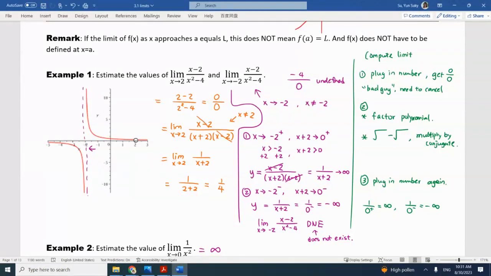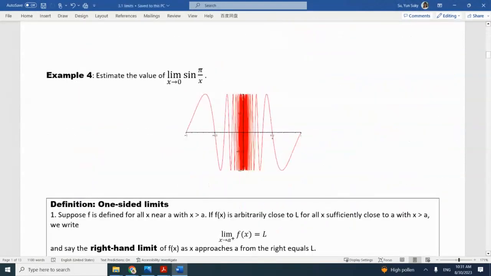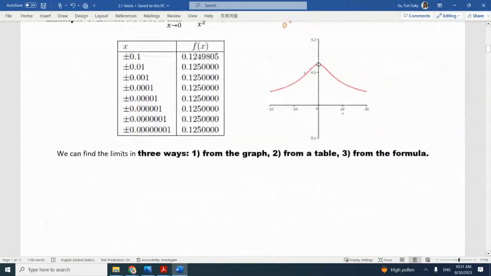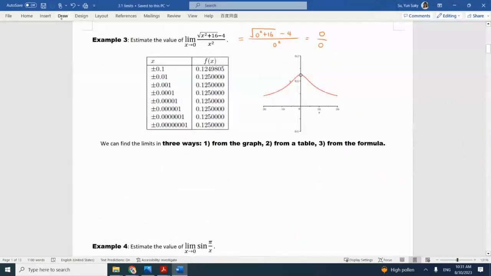Okay, everybody? So come back. Here, we get the limit as x goes to 0 of square root of x squared plus 16 minus 4 over x squared. We multiply by the conjugate.